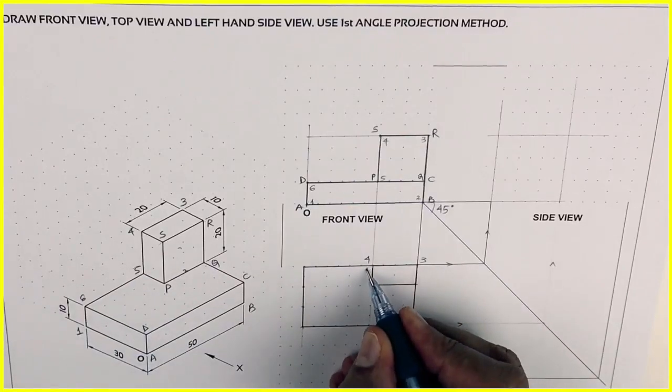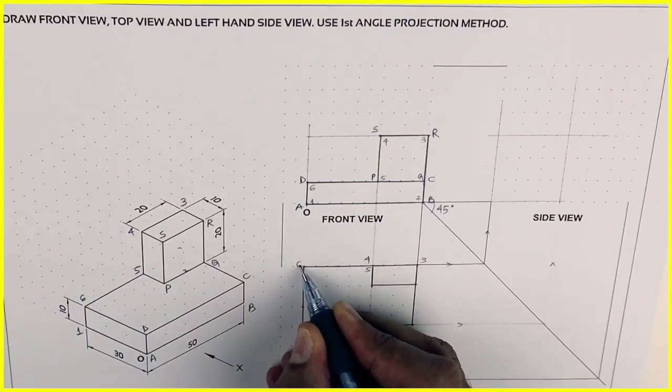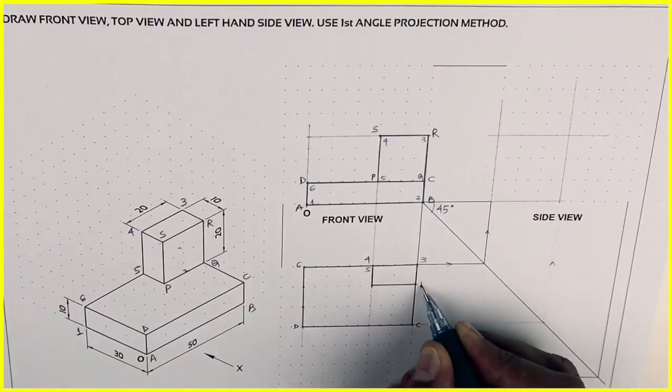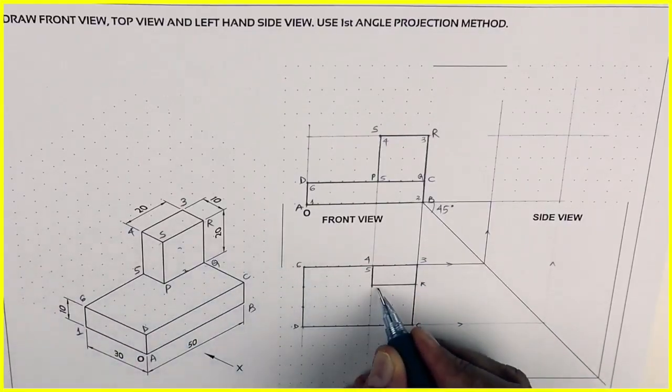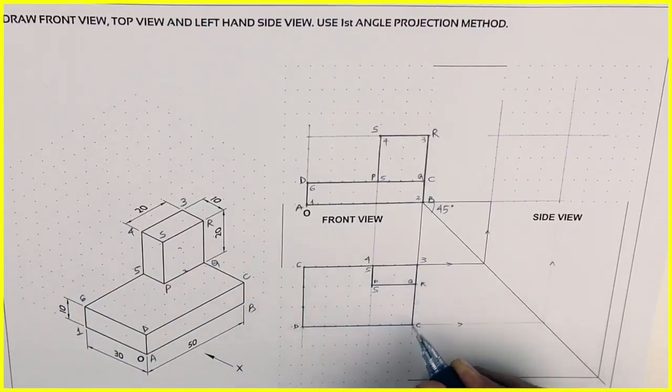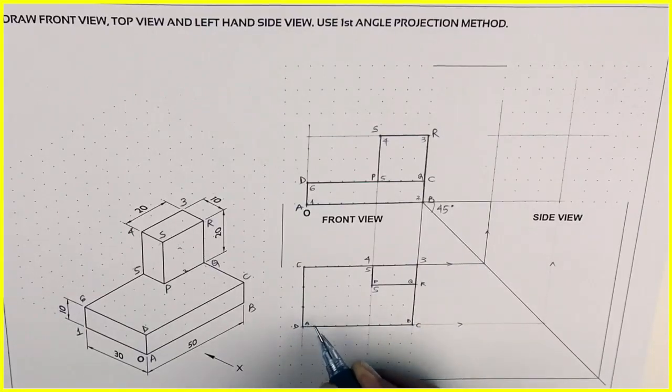Now you want to name, you can write 5, 6, DC, right? RS. Initially if you write, then it will be easier for your understanding, later on you can ignore.